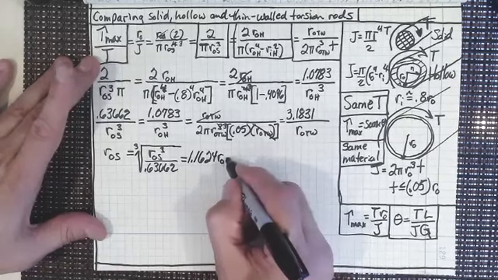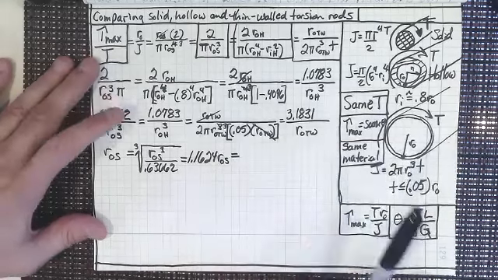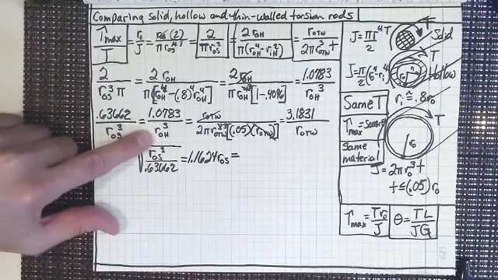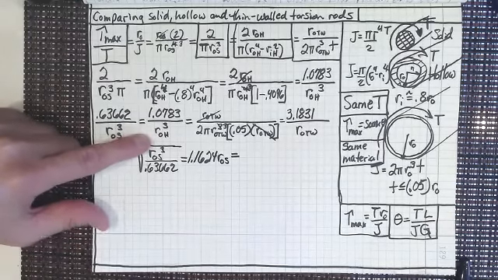R outer equals, now let's do the same thing to this. Just going to take the reciprocal, take the cube root.